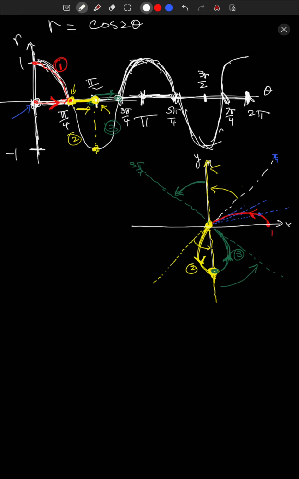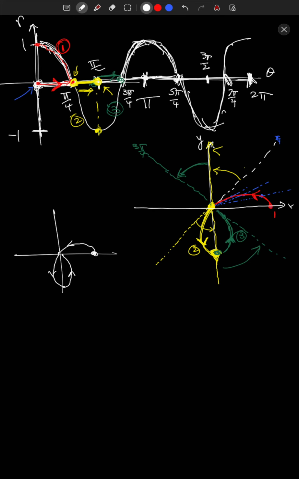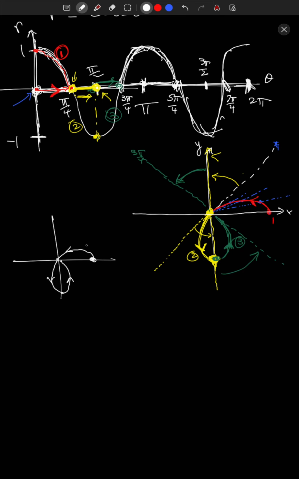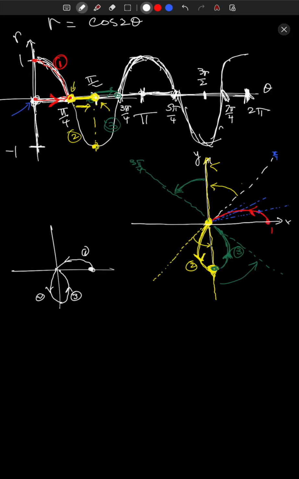All right. So so far, 1, 2, and 3 looks like this. So we're starting here. This was 1. This was 2. That was 3. 1, 2, 3. All right.